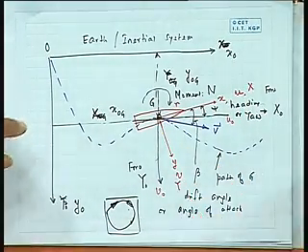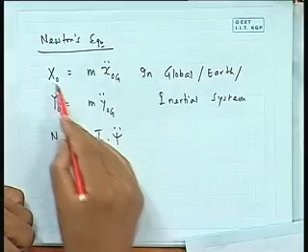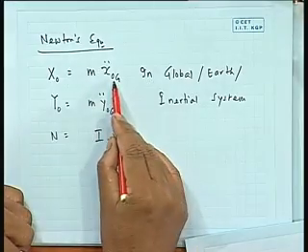Now, I have an equation of motion where I have X0, Y0 in the earth system. I want to change it all to the body system.